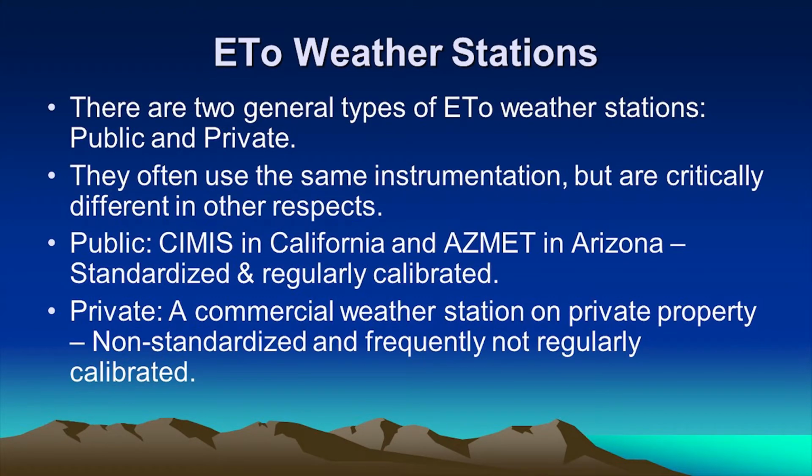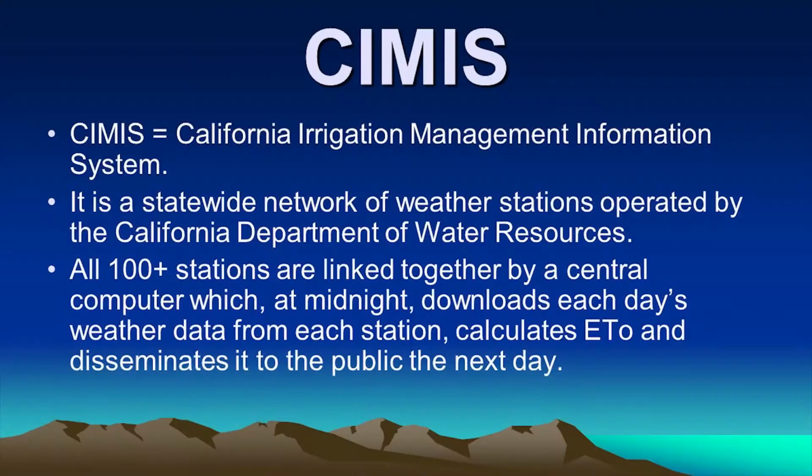Private ones don't get maintained, they don't get repaired, and often their siting is bad. Like, it's behind trees, so it's not really reading the wind because it's behind a windbreak. Like a wide open. CIMIS stands for California Irrigation Management Information System.